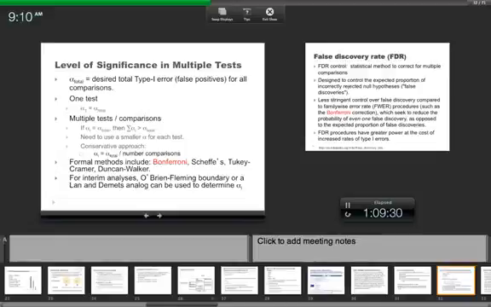And if you look at the published literature in the biomedical field, you would see that most people use the Bonferroni correction for multiple testing. And for interim analysis, the O'Brien-Fleming boundary or the Mann's analog method can be used to determine the alpha for the individual evaluations.